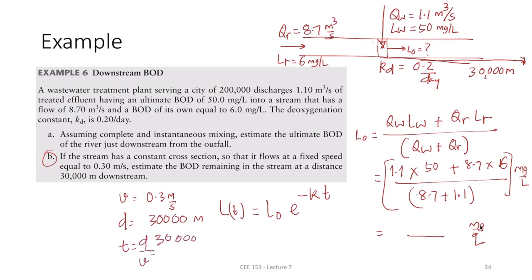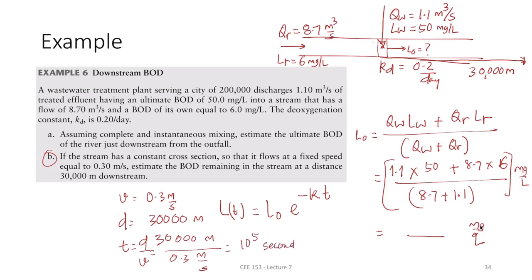So 30,000 meter divided by 0.3 meter per second. That number would be, let's say, 10 to the power 5 second.